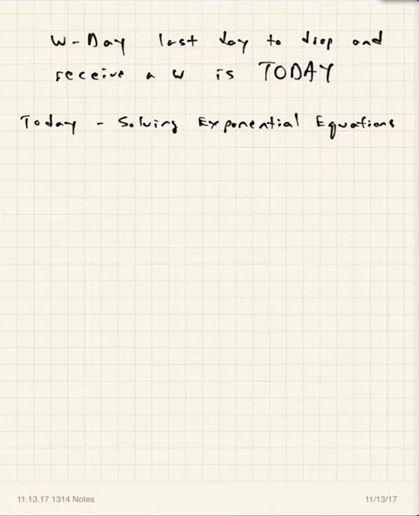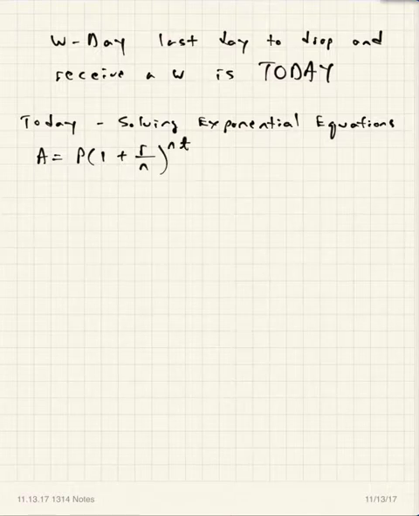Probably 3 lectures ago, we were confronted with a compound interest problem that went something like this. First of all, that's our compound interest formula, A equals P times 1 plus r over n to the nt power. And we were investing something like $1,000. So that was our principal.